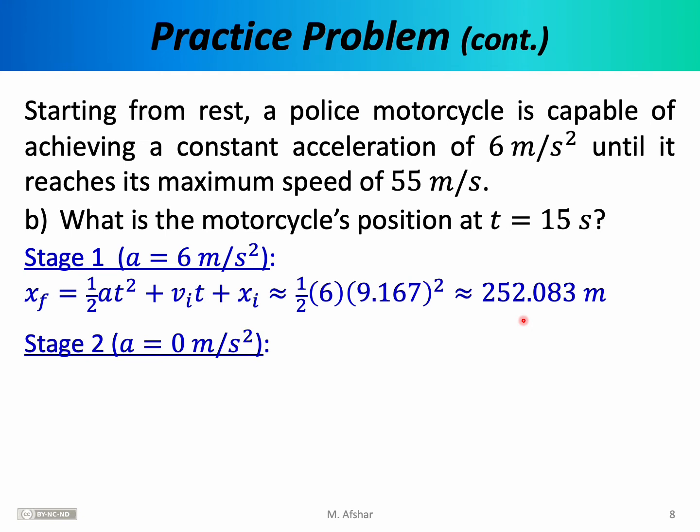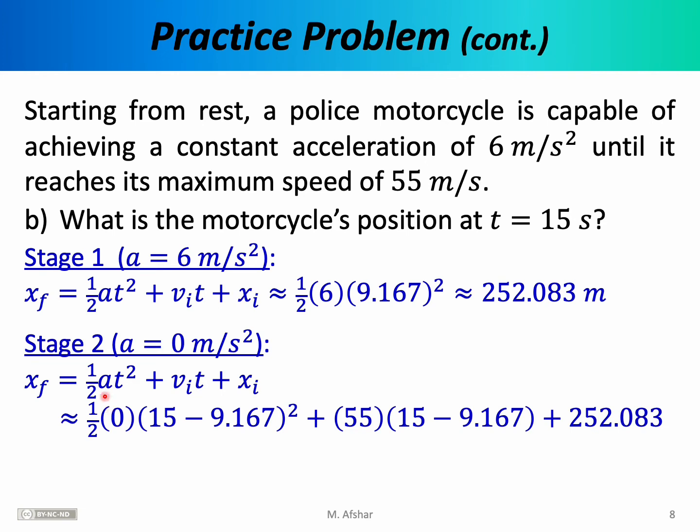What's happening in stage 2 from 9 seconds to 15 seconds? Well, during that second stage, the acceleration is now 0 meters per second squared. I'm going to use the same kinematic equation, but the numbers that I'm going to plug in are going to be a little bit different. For acceleration, I'm now going to plug in 0.